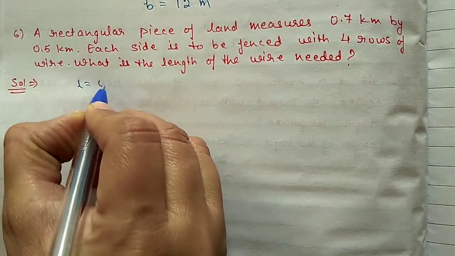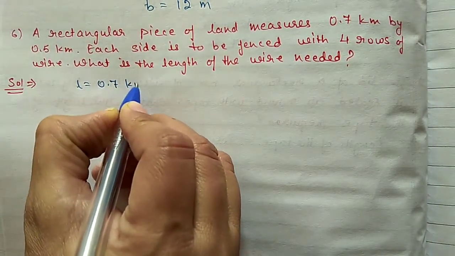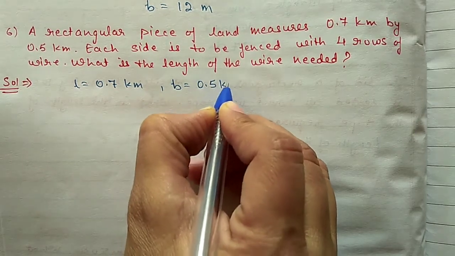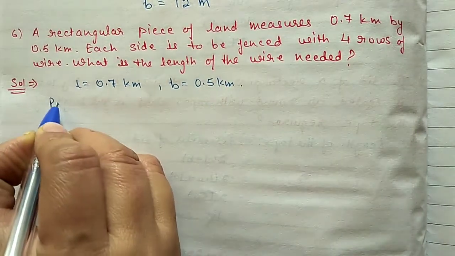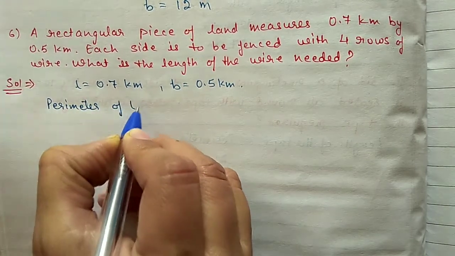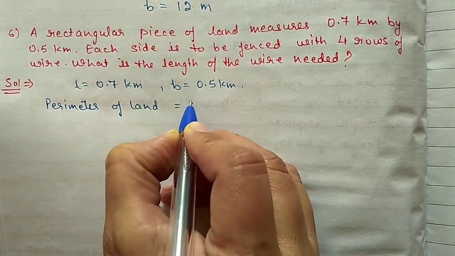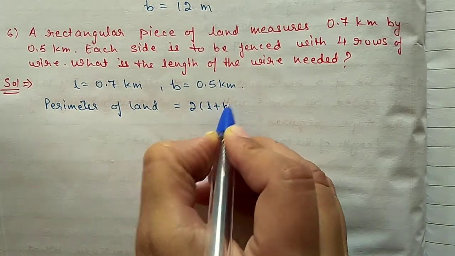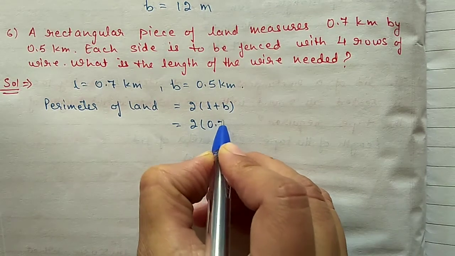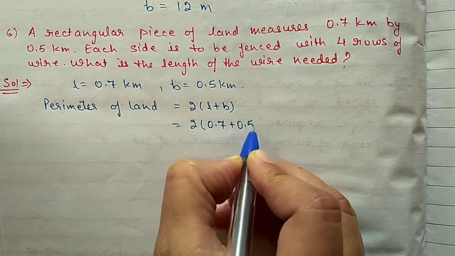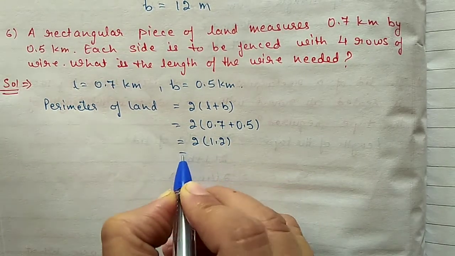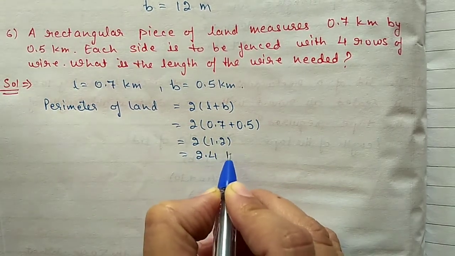Length is given 0.7 kilometer and breadth is given 0.5 kilometer. So perimeter of land is equal to 2 (length plus breadth), because it is in the shape of rectangle. 2 into (0.7 plus 0.5), which is equal to 1.2. And after multiplication you will get 2.4 kilometer.